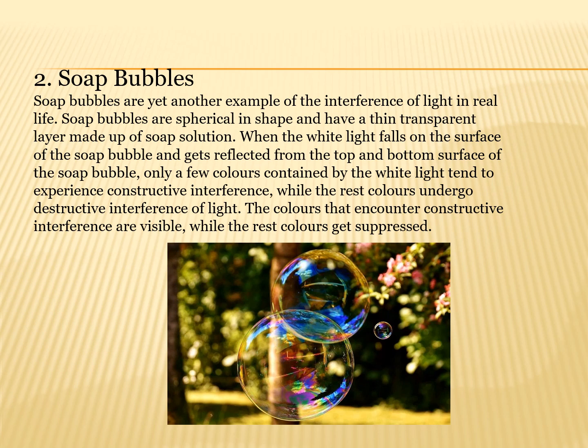When the white light falls on the surface of the soap bubbles and gets reflected from the top and the bottom surface of the soap bubble, only a few colors contained by the white light tend to experience constructive interference, while the rest of the colors undergo destructive interference of light. The colors that encounter constructive interference are visible while the rest of the colors get suppressed.